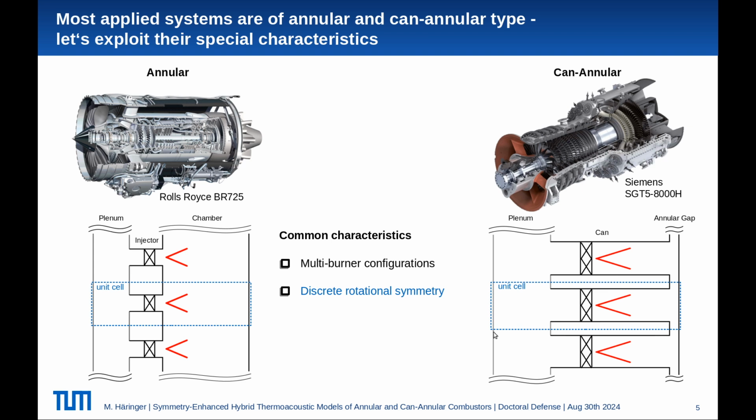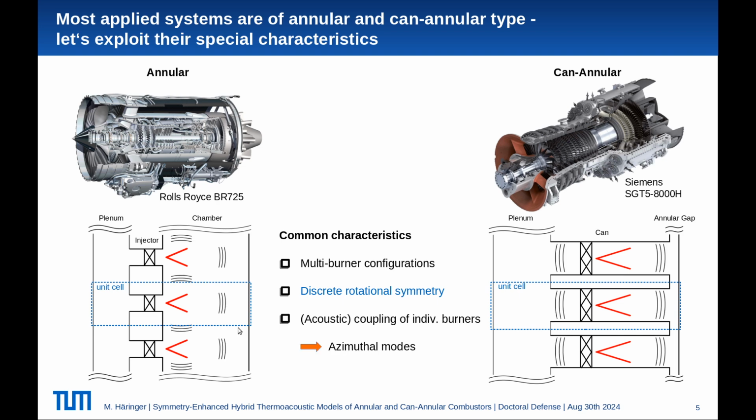That means we can construct such a system by taking one single sector, here denoted as unit cell, and just copying it around the circumference of the engine. And last but not least, these individual sectors or unit cells are coupled acoustically, which gives rise to azimuthal modes which extend over the entire circumference of the engine.